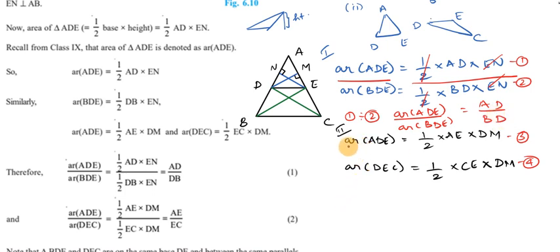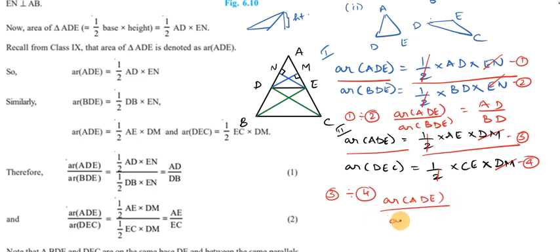Likewise, when you are going to divide 3 and 4, DM will get cancelled, half will get cancelled. So area of ADE divided by area of DEC will be equal to AE by EC.